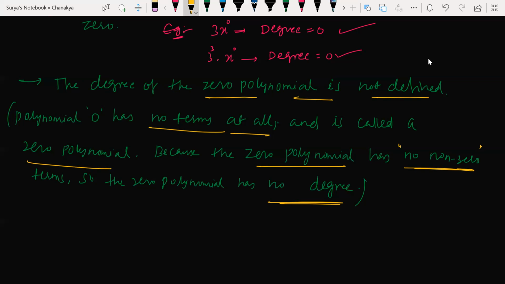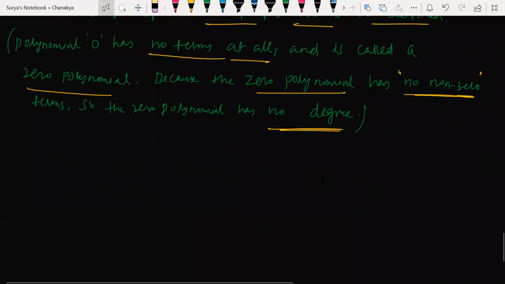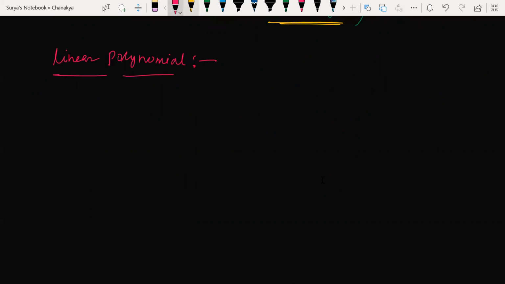Next, we'll talk about linear polynomial. Clear? Linear polynomial. What is a linear polynomial? A polynomial of degree 1 is called a linear polynomial.